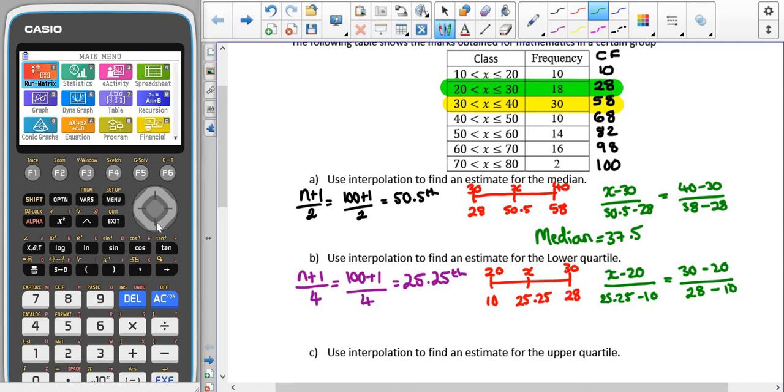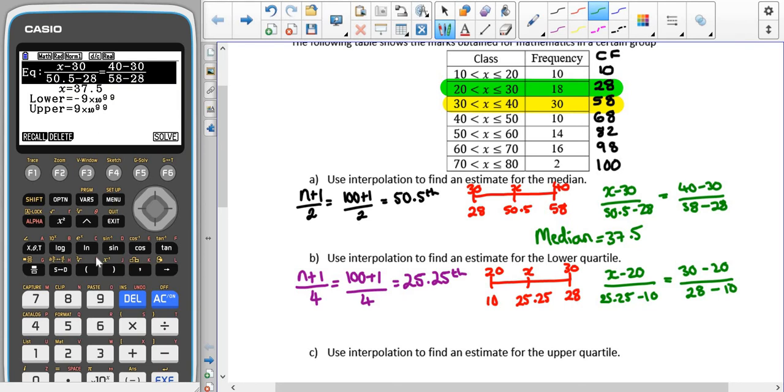And again, we go into the equation solver and we can just type over this again. So x theta t for our x minus 20, down onto the bottom of our fraction divided by 25.25 minus 10, across to get out of the fraction, shift the decimal point for the equals, fraction button again, 30 minus 20 divided by 28 minus 10.